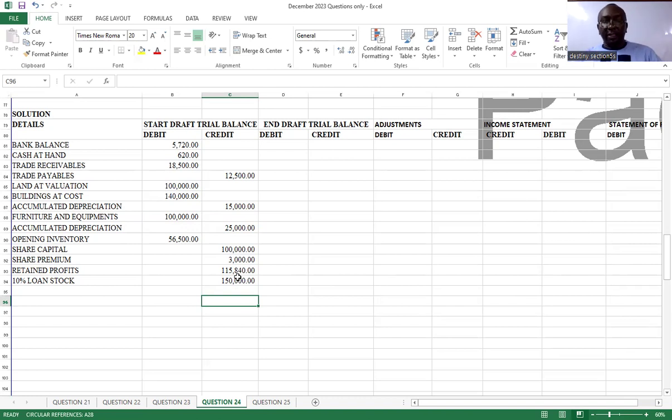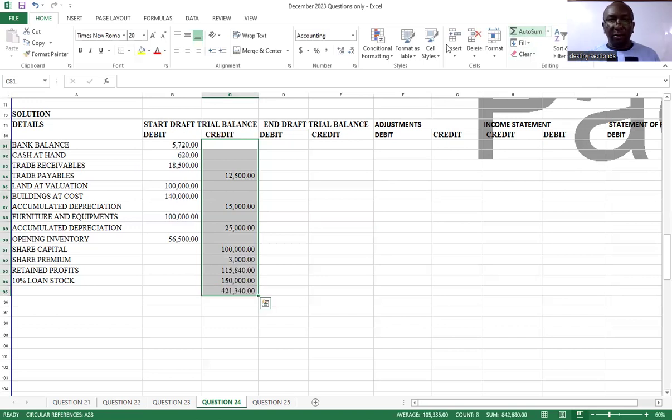Have you followed that? Someone to say yes or no? Yes. Good. So now, we already know it will balance. There is no need of wasting time to check whether it balances. But if you want to be double sure, you can quickly pick this one and auto sum also.